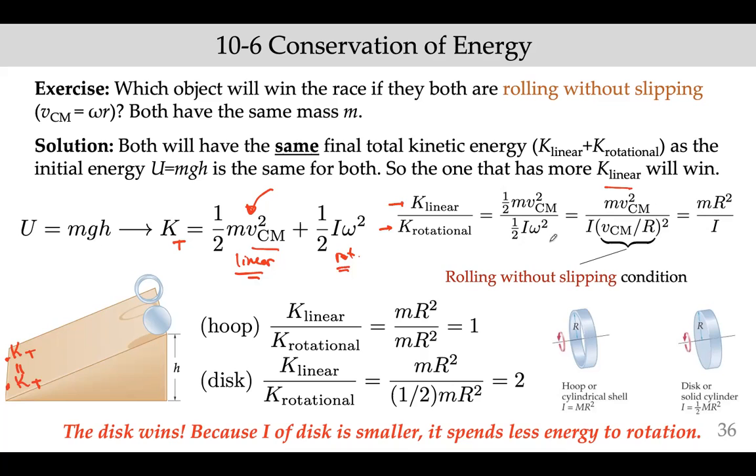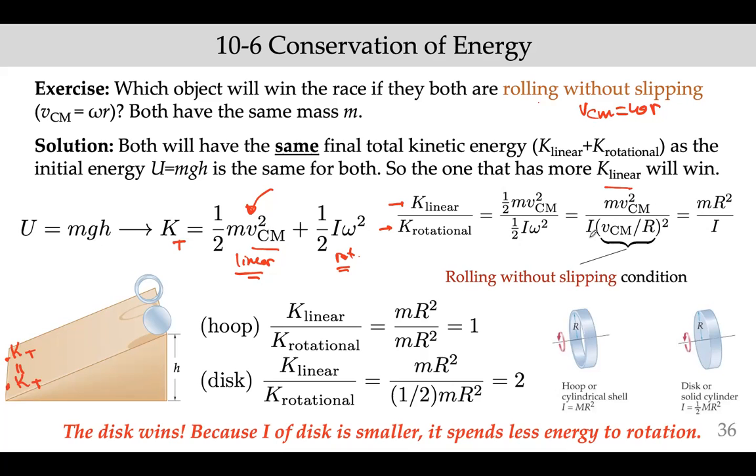Now, because rolling without slipping is satisfied, we can use this relation. So if you substitute here, if you put VCM divided by R instead of omega, we will have VCM divided by R squared. And let's keep I general, so each one has different I's.